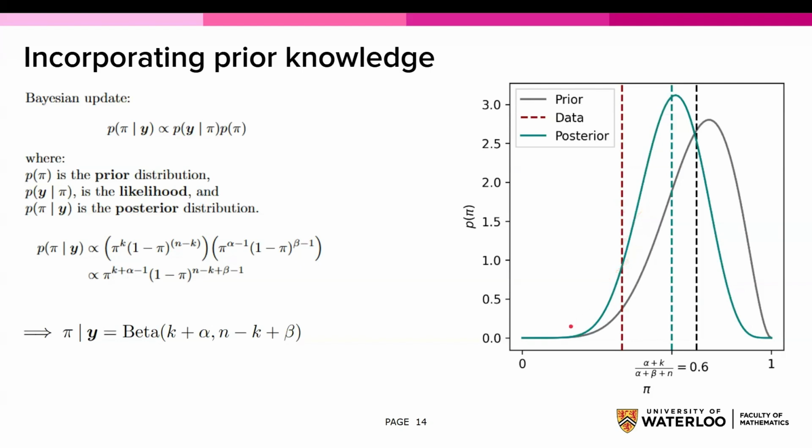After combining the prior and the likelihood, we get the teal colored posterior distribution. We can see that it's been shifted compared to the prior. It's in between where the data was and where our prior was.